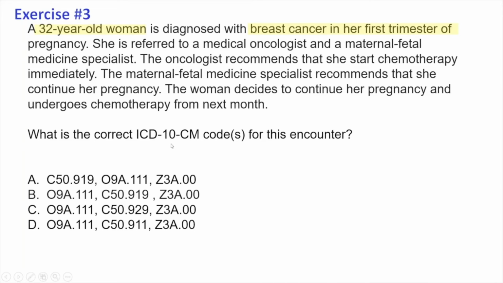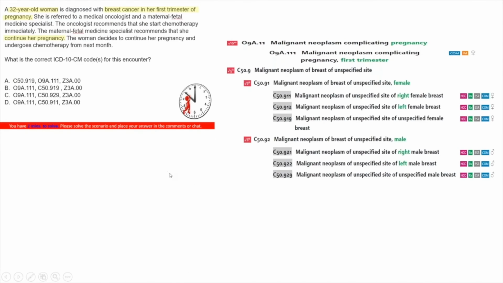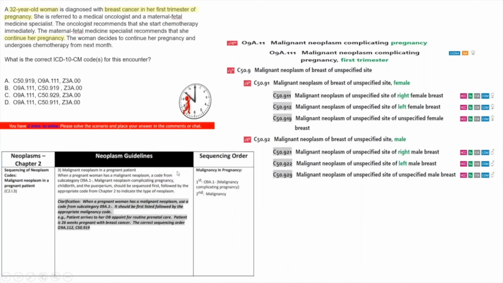32-year-old woman, breast cancer in her first trimester of pregnancy, and she is going to continue her pregnancy. So let's look at the guidelines. The guideline C2I3 is the one which we are going to refer, which states the sequencing of neoplasm.